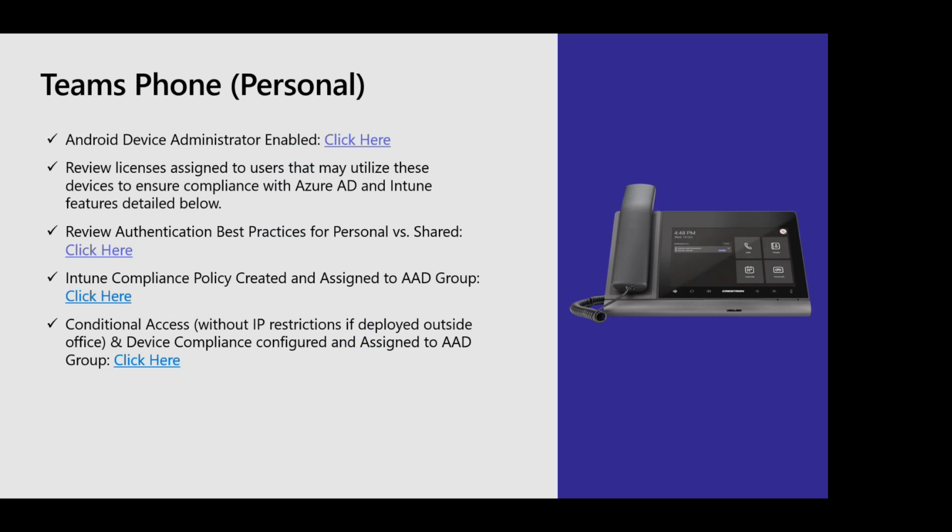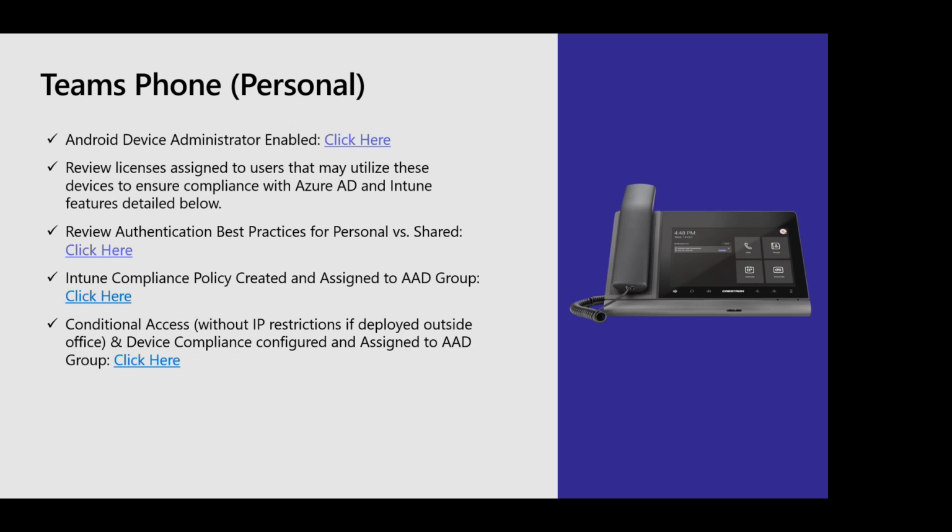And then we talk about the Teams Phone personal. So we talked about the common area phones. Now we're talking about the personal. For personal mode, we don't need to create an account because you're signing into the device with your existing account, like Jeremy talked about. So therefore, all of your licenses, all of the Teams phone license capabilities come into play for this.